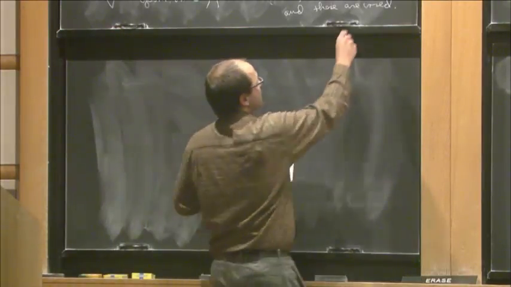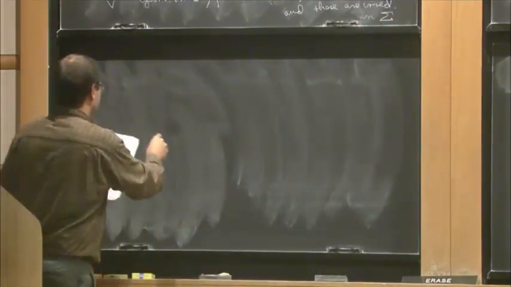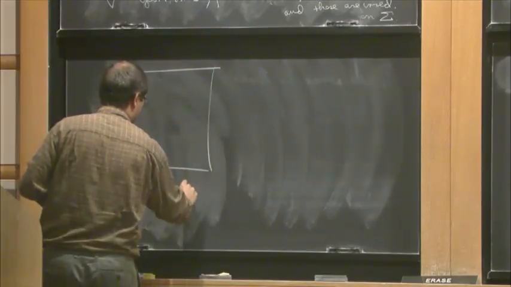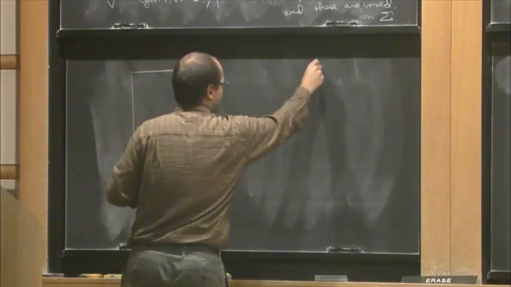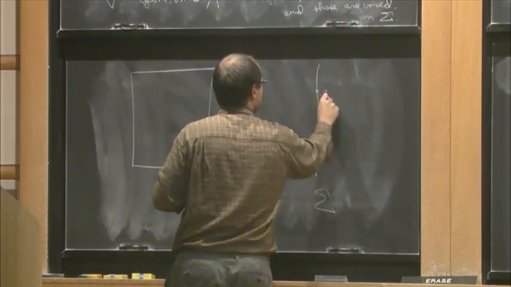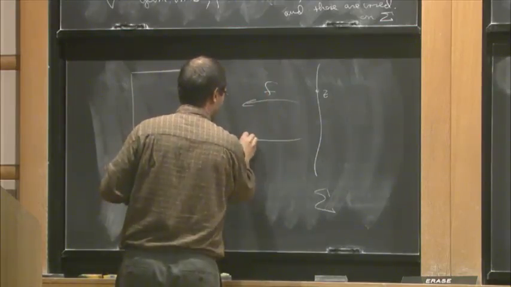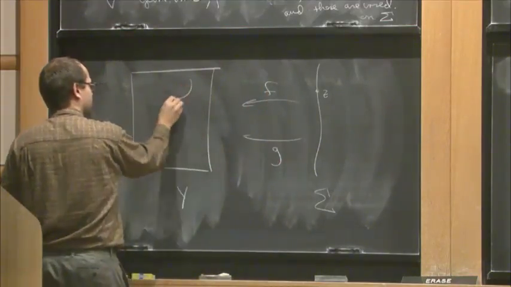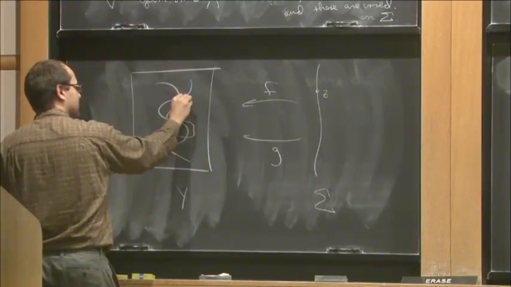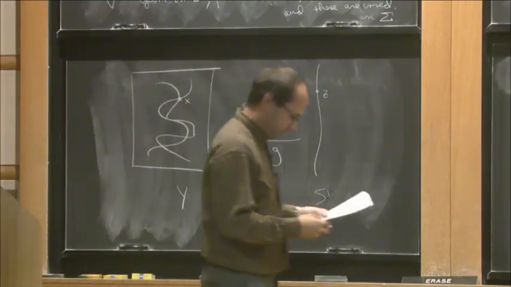Okay, so let me draw a picture. So here's my surface Y. And then I have my curve, sigma, and my point, z, and my two maps here. And they do something here, maybe complicated, but they have some common point in the image. Okay?